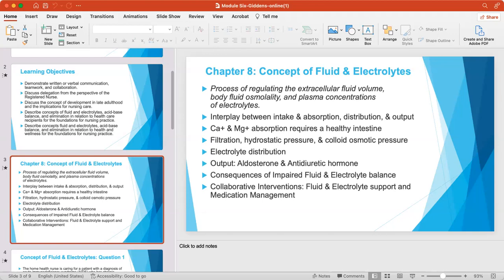You might be asking yourself, what's the nursing responsibility with all of this? Well, those are all collaborative interventions. So you as the RN are involved in working with the healthcare practitioner in correcting electrolytes, the extracellular fluid volume deficit, or even excess fluid volume overload.